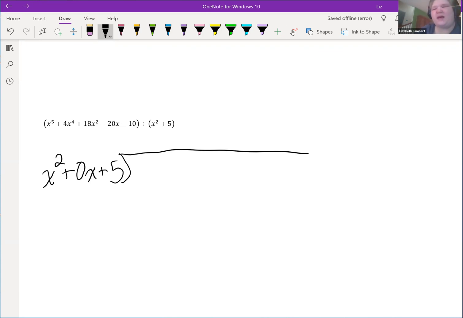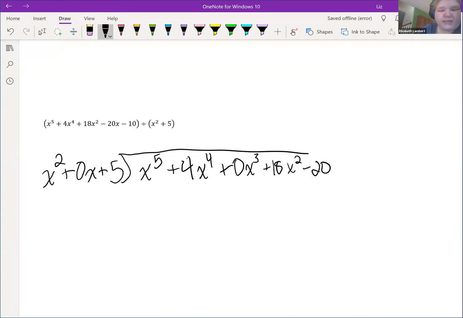It can be done without it, but the work gets a little messy. And then inside I have an x to the 5th. Then I see 4x to the 4th. Good. But then I am missing x cubed, so shoehorn it in there as a 0. Plus 18x squared minus 20x minus 10. Good Lord.